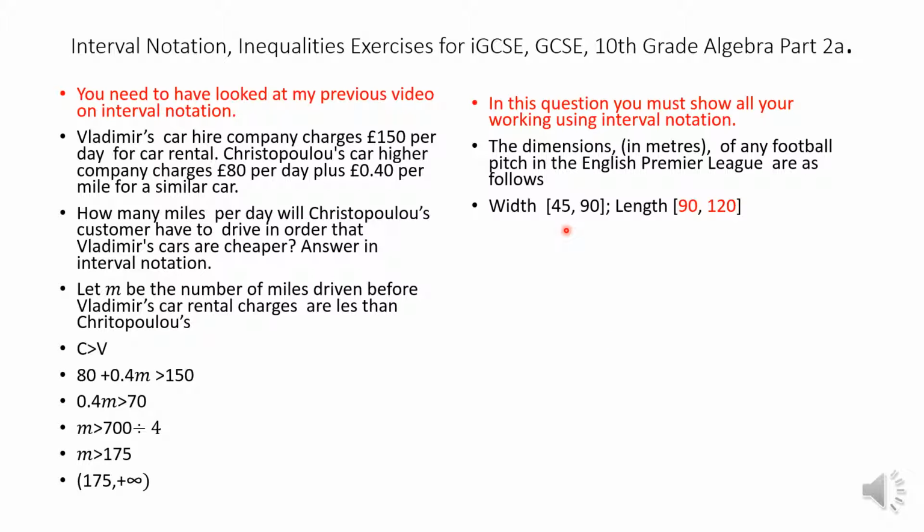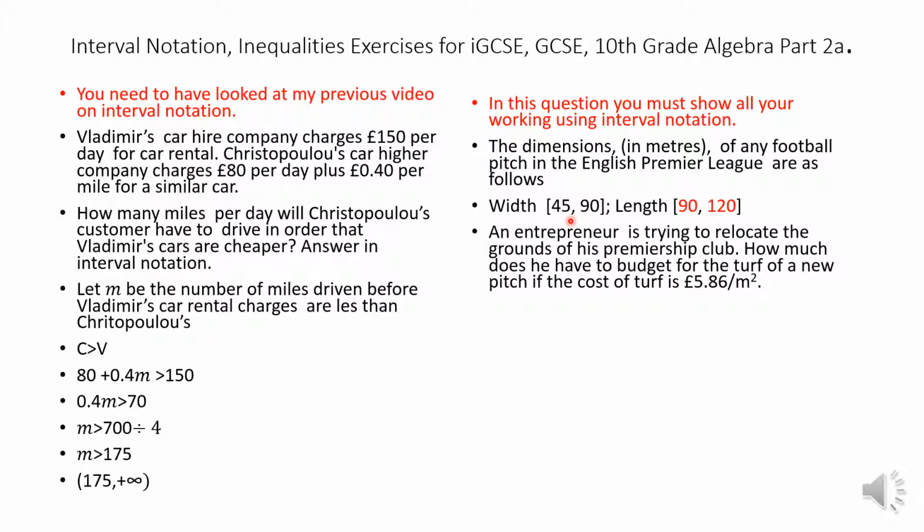The width is greater than or equal to 45 and less than or equal to 90 meters. Whereas the length is less than or equal to 90 but greater than or equal to 120 meters.